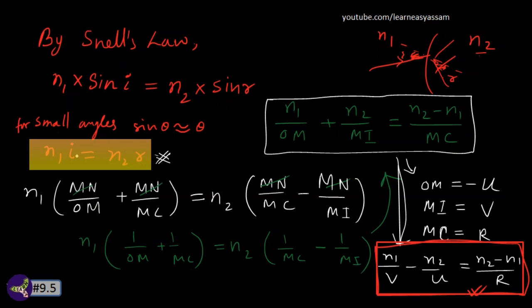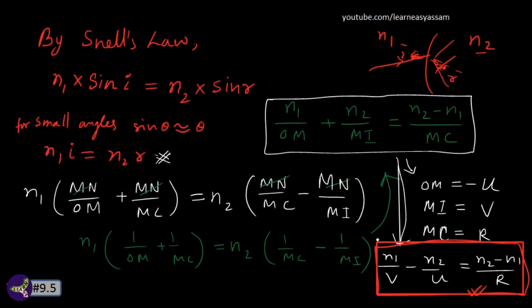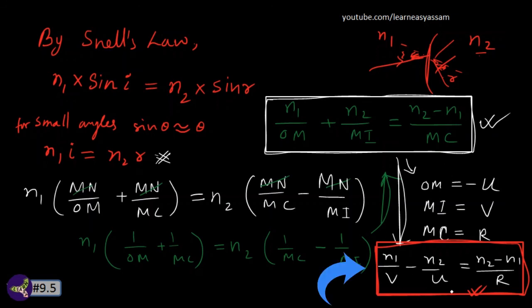From this we can find the relation. So after putting I and R, we will have to do some arrangement and we will get this equation. And after getting this equation, we can again use sign convention and we will find the final equation which you can use directly for mathematical calculation. So this is our equation.